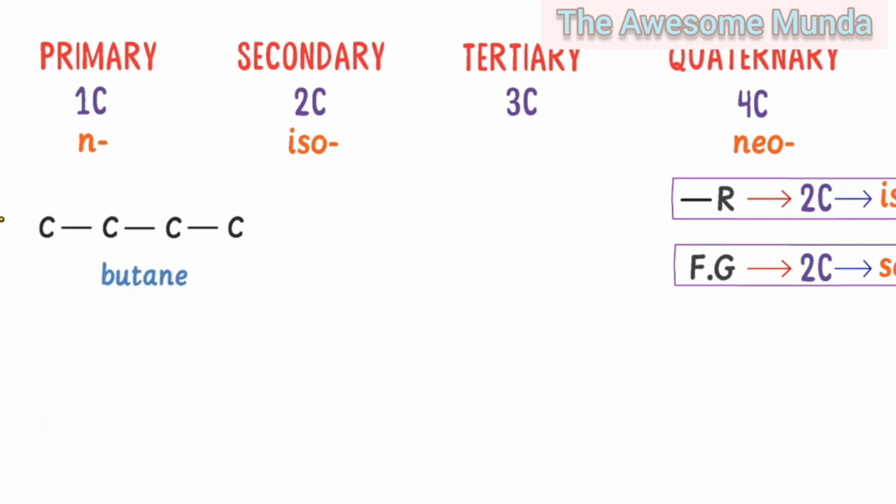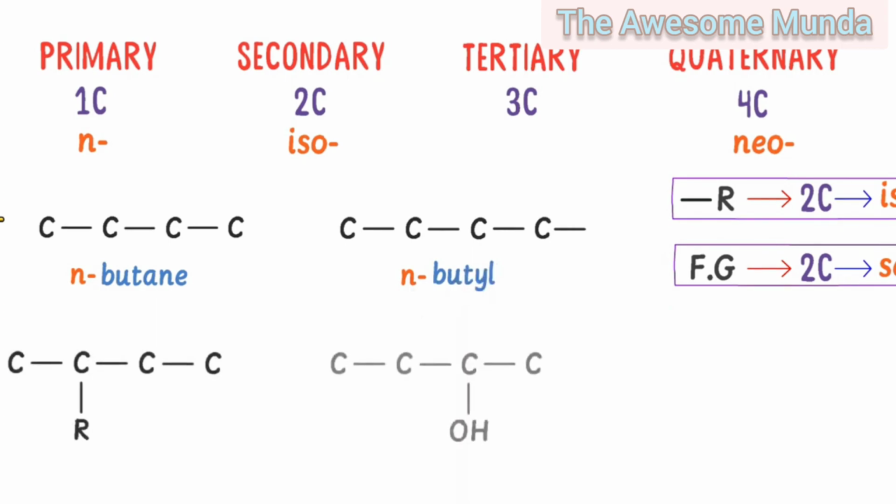I write butane. It is a straight chain. I write N. So it is N-butane. Here, if we remove one hydrogen from it, this becomes N-butyl. Now consider this organic compound and this organic compound. Here, the alkyl group is bonded to second carbon, so I write isobutyl.